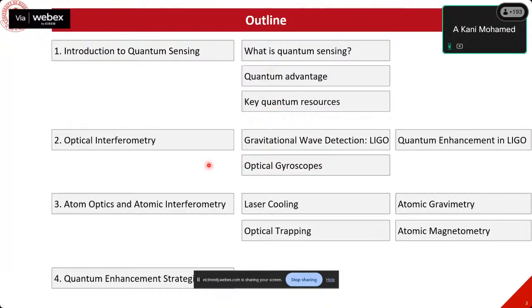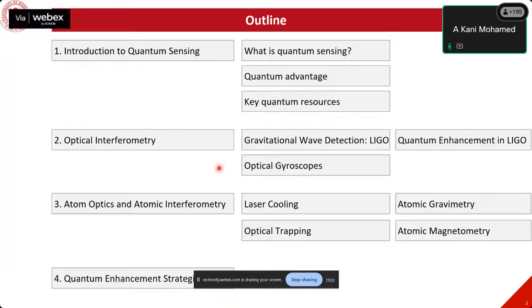Another topic I am going to talk about is atom optics and atomic interferometry. This is similar to optical interferometry, but instead of using light waves, here we use atomic matter waves to detect physical parameters with an enhanced quantum sensitivity.